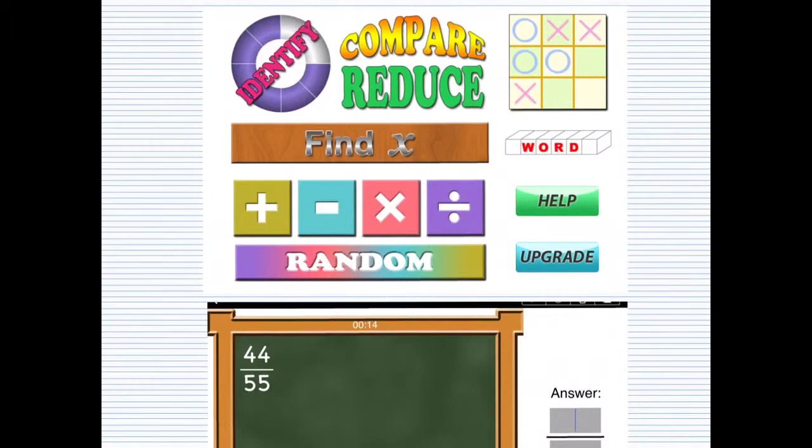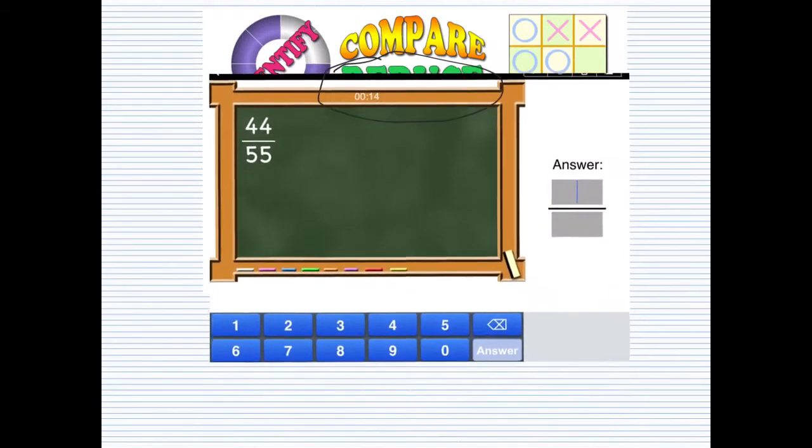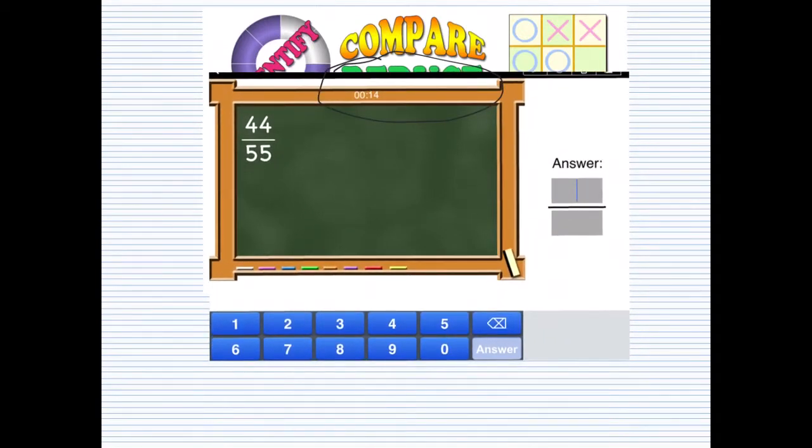Next, we will talk about the Reduce category. In the Reduce category, it shows the students a fraction, and they are supposed to reduce it down to the smallest form. For example, on this problem, the greatest common factor would be 11.